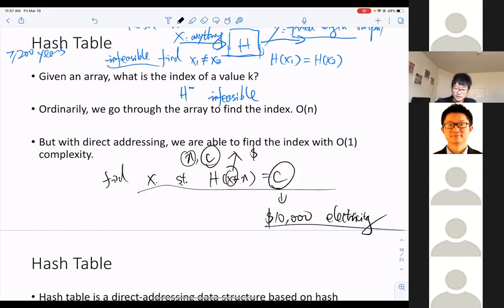Let's say $50K is this X. You find this X by paying around $10,000 of electricity bill, and you get a Bitcoin as your reward, currently worth maybe 30,000, maybe 50,000. That is how Bitcoin works based on the hash function.